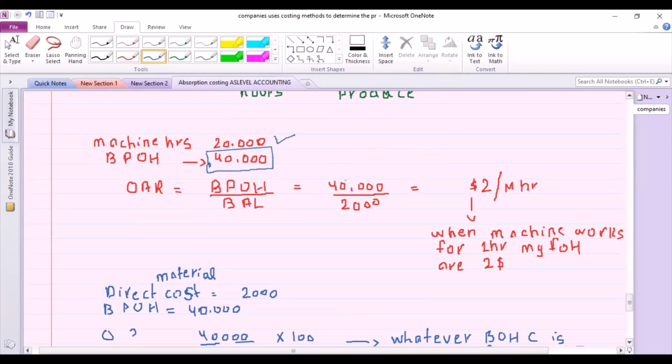Okay, so you just need to divide these 40,000 by 2000. We know that the answer will be $2. So why did I put $2? Basically what it says is $2 per machine hour. It means अगर आपकी मशीन 1 hour काम करती है तो फिक्स ओवरहेड उसका $2 आता है.